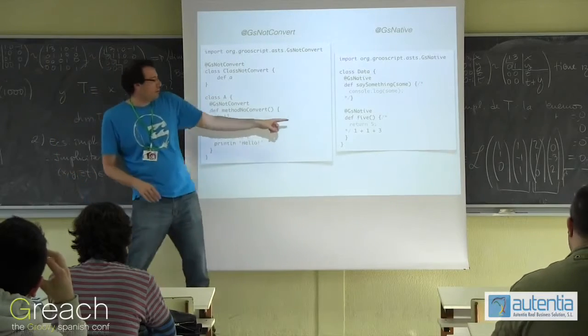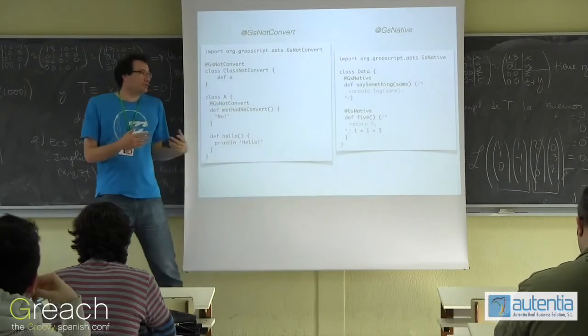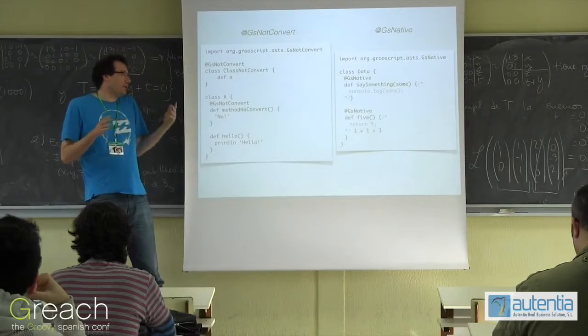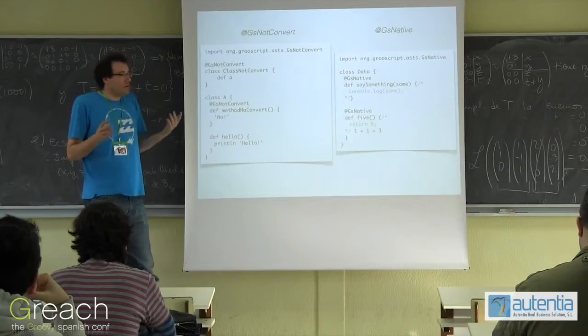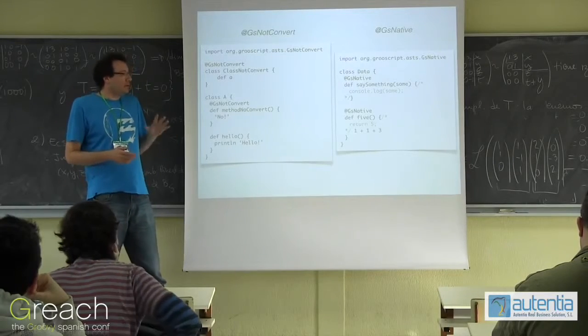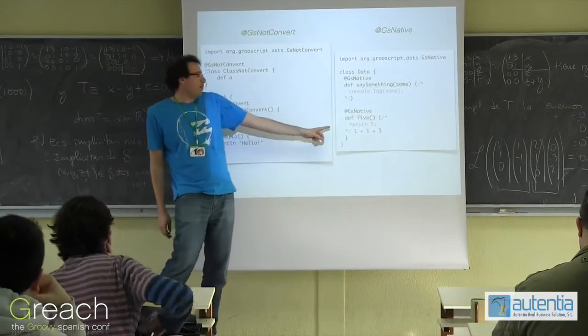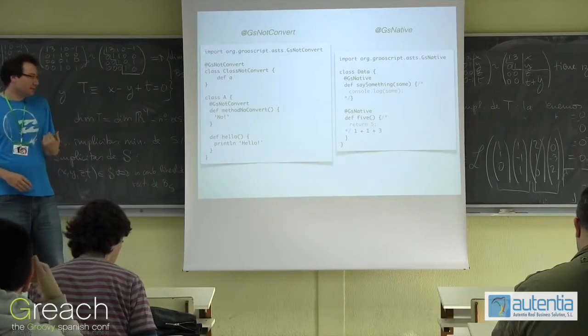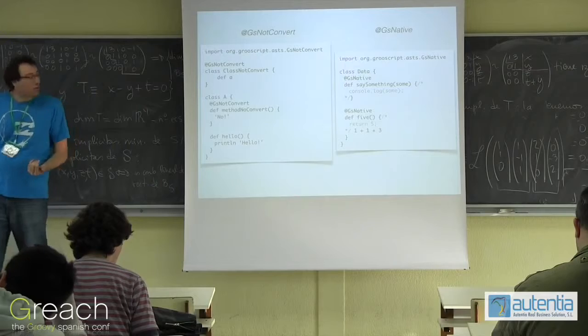You have to add it with this annotation, because when you compile your Groovy code, if you put directly, for example, jQuery or something like that, the code will fail. So you can put it this way, and your code will not fail, but in JavaScript you have whatever you want.